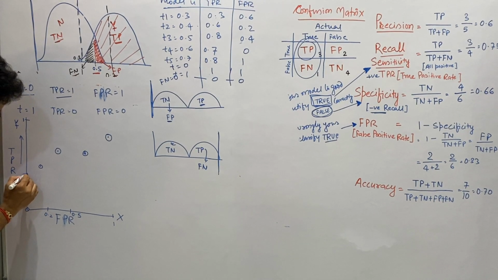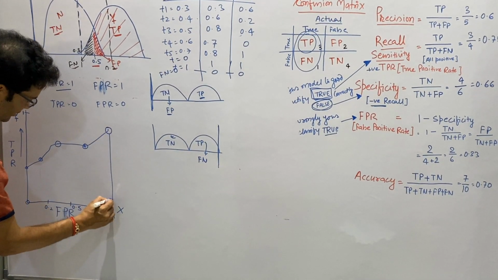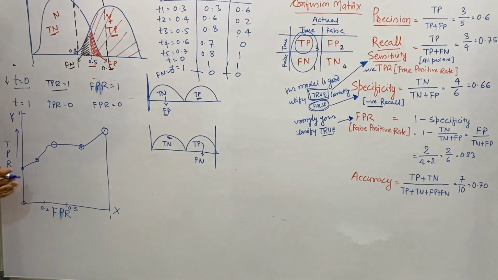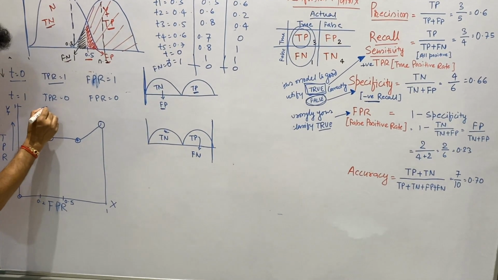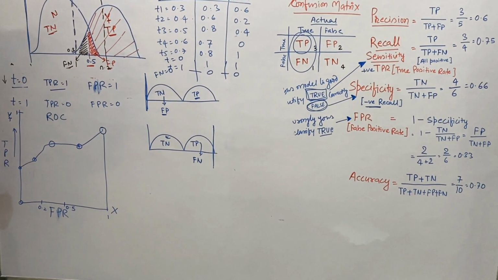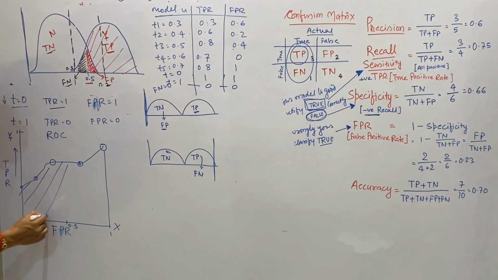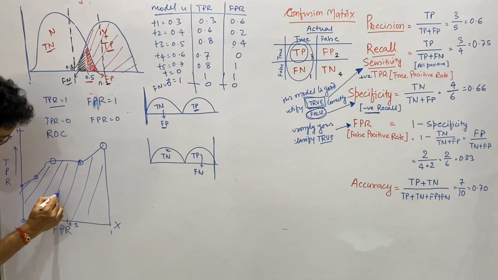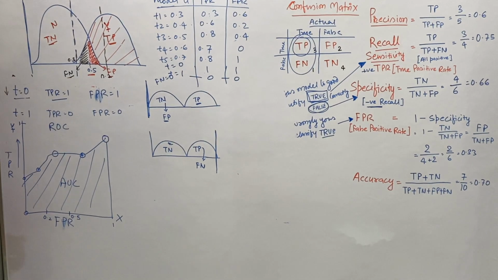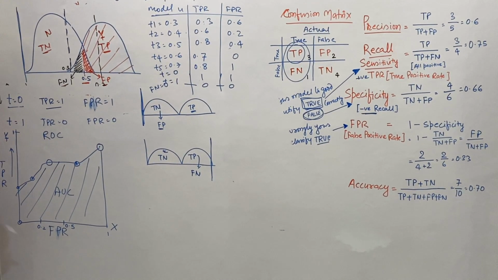So when you draw this diagram, this is called the ROC. This graph is called the ROC. And the area inside that, this area, is called the AUC.